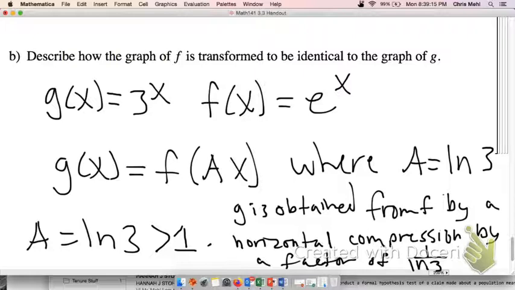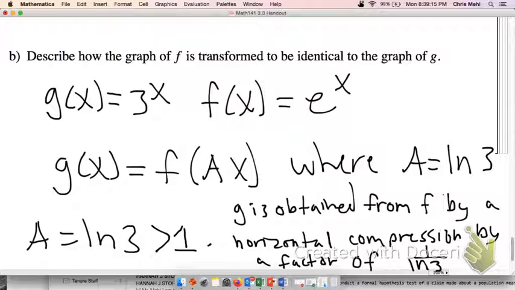Sorry for the sloppy handwriting. Sometimes writing with this stylus pen is difficult. So g is obtained from f by a horizontal compression by a factor of 1 over ln 3. Again, in the case where a is greater than 1, since a was natural log of 3, there's a horizontal compression by a factor of 1 over ln 3.